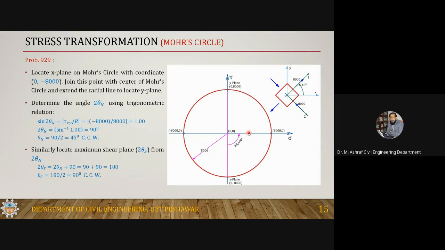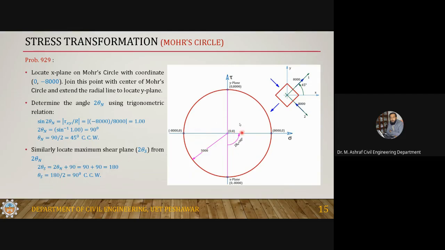So the principal plane lies at an angle of 45 degrees counterclockwise from the x plane. Okay. Similarly, this 2 theta s, which is not shown here, from this point up to this point, is 2 theta p plus 90.